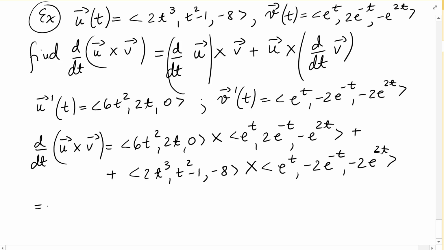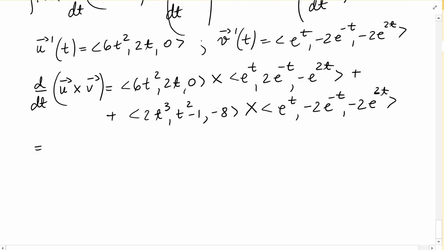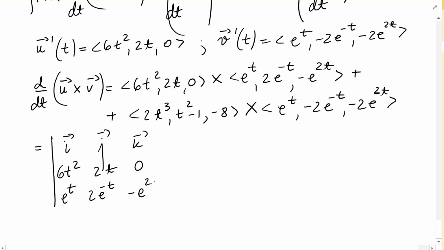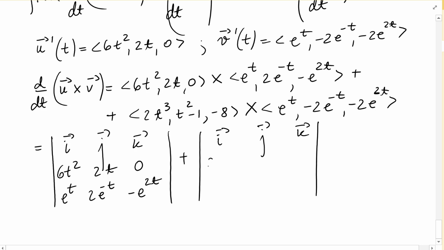So now, to find the cross product, I'm going to calculate each determinant. So it's going to be i, j, k, and then 6t squared, 2t, 0, and e to t, 2e to negative t, negative e to 2t, plus, and the same i, j, k, and then the components 2t cubed, t squared minus 1, negative 8, and e to t, negative 2e to negative t, and negative 2e to 2t.